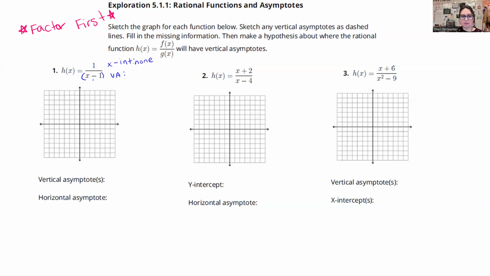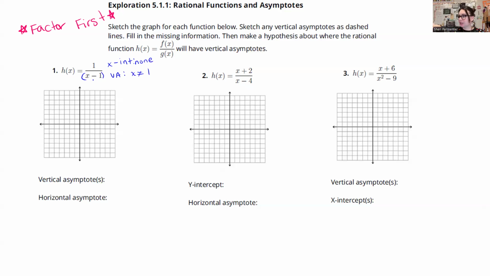And we need to remember that x-intercepts is where your graph lives. X is this. Your vertical asymptotes are where x is not. X is not going to be equal to positive 1. Now this is how I remember it: the top gives me x equals, the bottom gives me x is not equal.